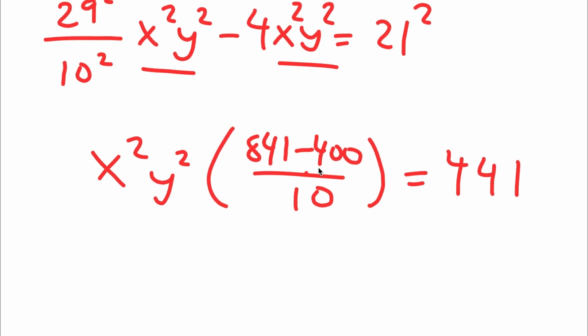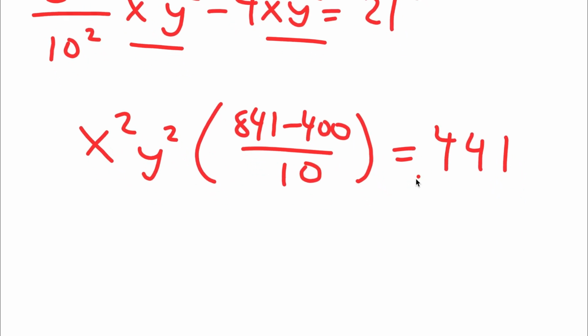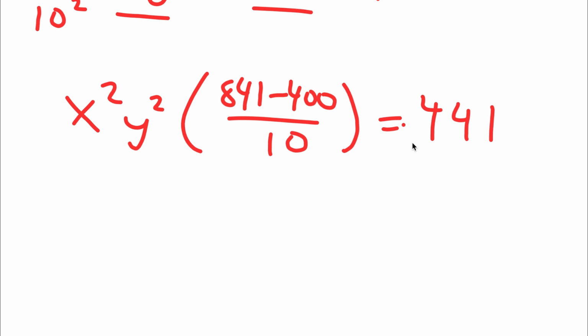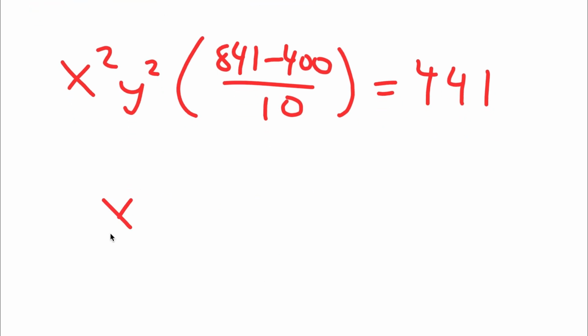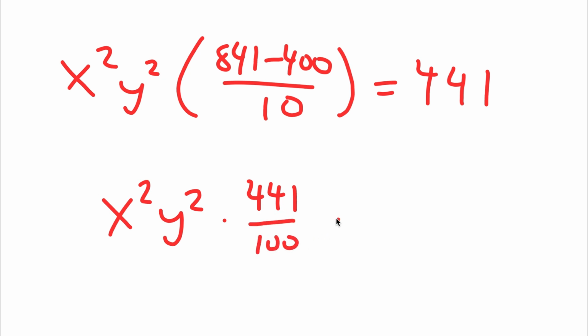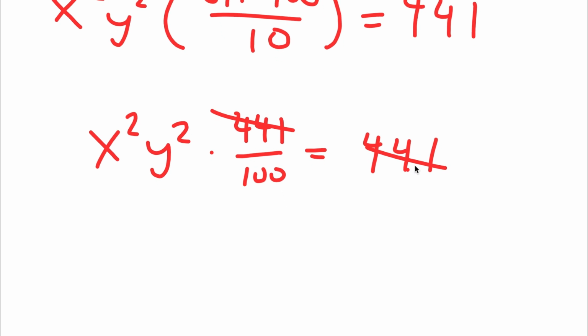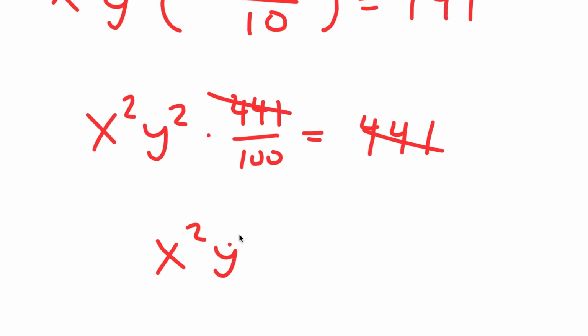So I get x squared times y squared times 441 over 100 is equal to 441. Now these two cancel out, and I get x squared times y squared is equal to 100.